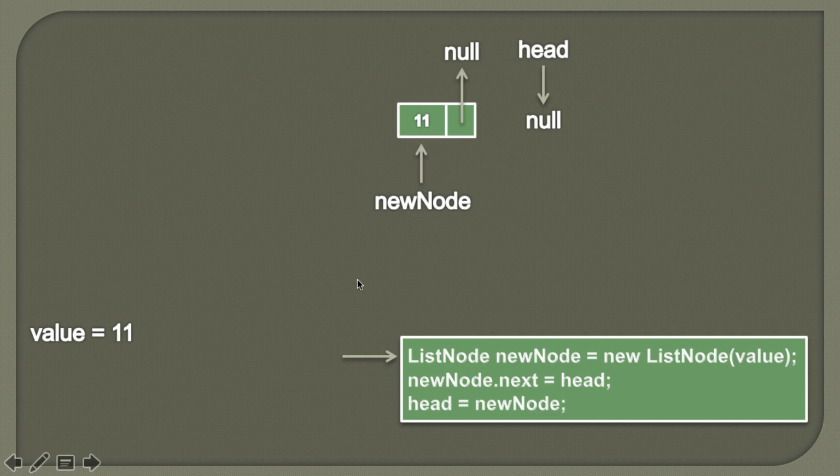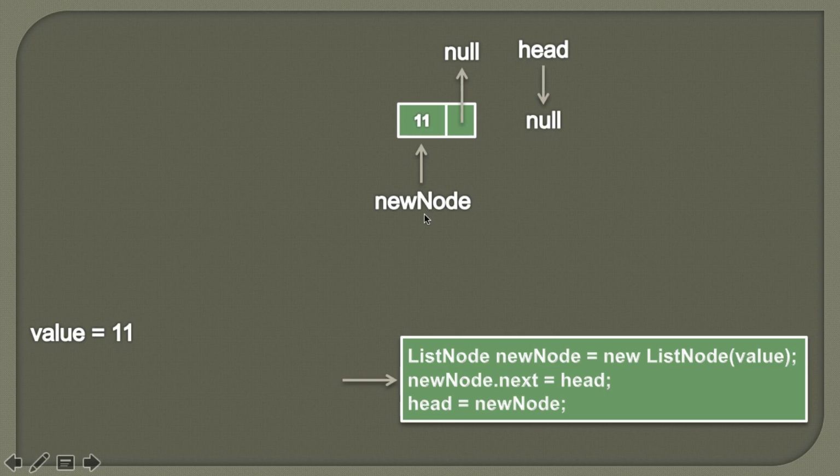So friends, now we want to insert this new node to the beginning of this singly linked list where currently head is pointing to null. So in the next step, as we want to insert this new node to the beginning of this singly linked list, we know that head always points to the first node, and if we want to insert the node at the beginning, then we are inserting the node just before the head.